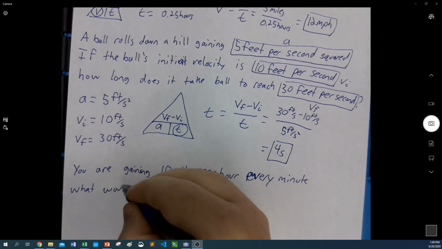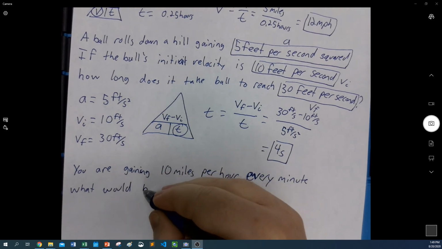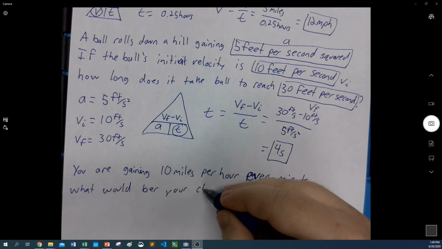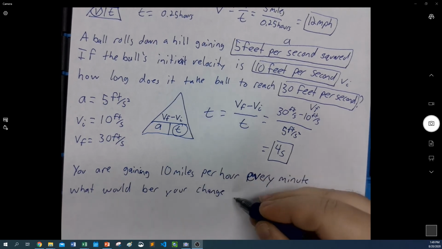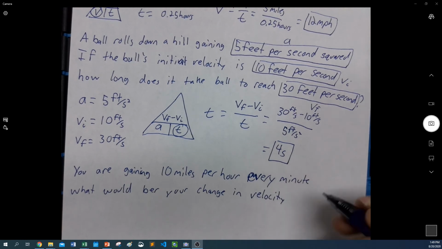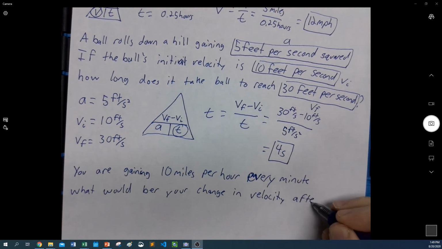What would be your change in velocity after 20 seconds?